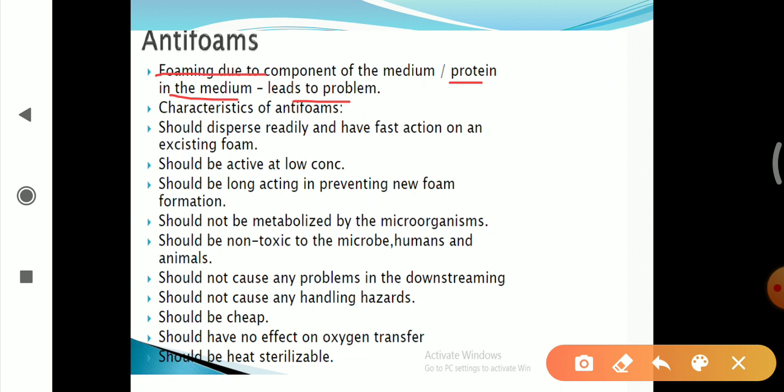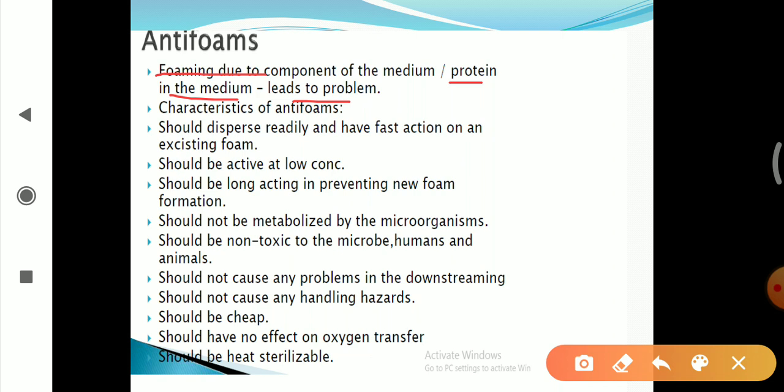If there is a problem of foaming, first we change the medium composition. That is our main criterion. We also change some physical parameters such as pH, temperature, aeration and agitation, because vigorous aeration and agitation also create foam. If we vigorously mix the components in the fermenter, foaming may occur.